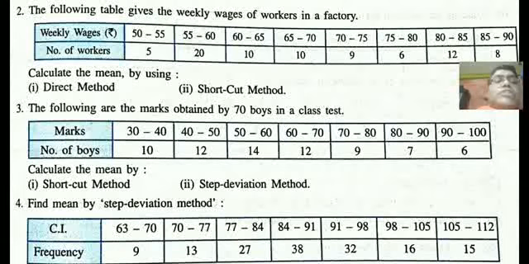Calculate the mean using the shortcut method and the step deviation method. Here is another question: find the mean by the step deviation method. Class intervals: 63 to 70, 70 to 77, 77 to 84, 84 to 91, 91 to 98, 98 to 105, 105 to 112, with frequencies 9, 13, 27, 38, 32, 16 and 15.